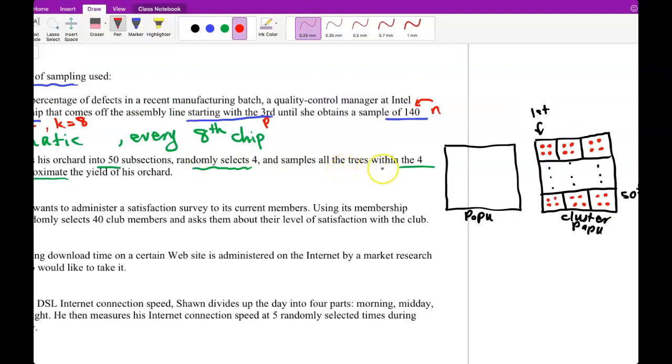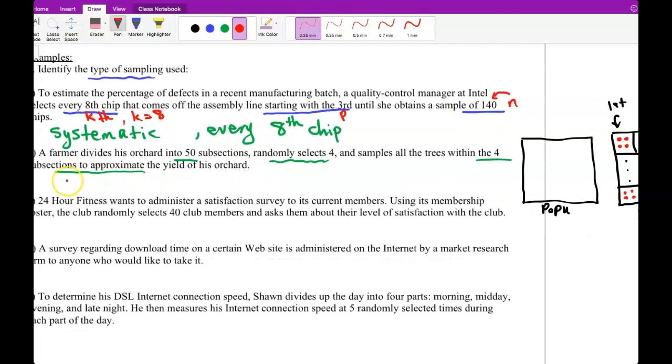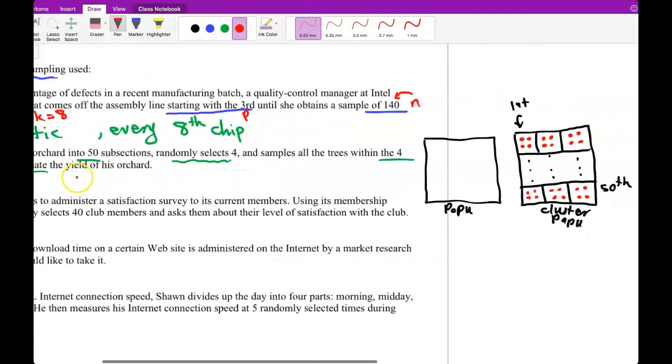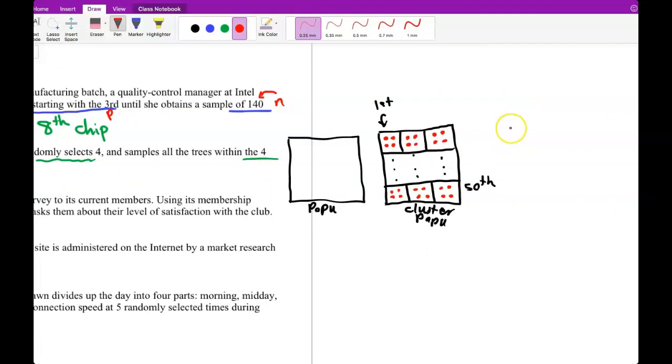He samples all the trees within the 4 subsections. So here, let's say we choose that one.